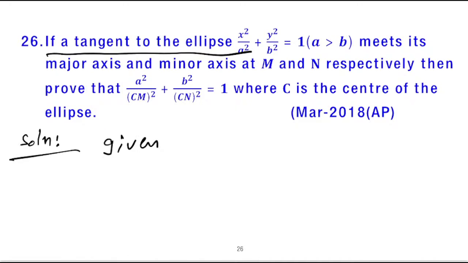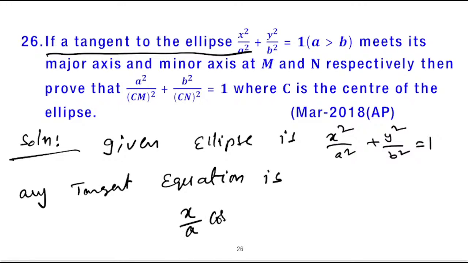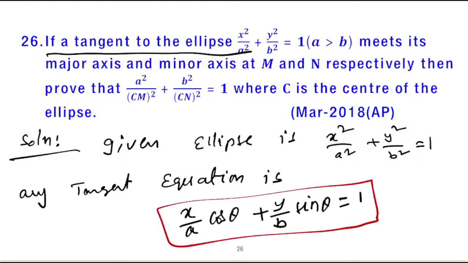Given the ellipse is, and any tangent equation is x by a cos theta plus y by b sin theta is equal to 1. That is the equation of any tangent.